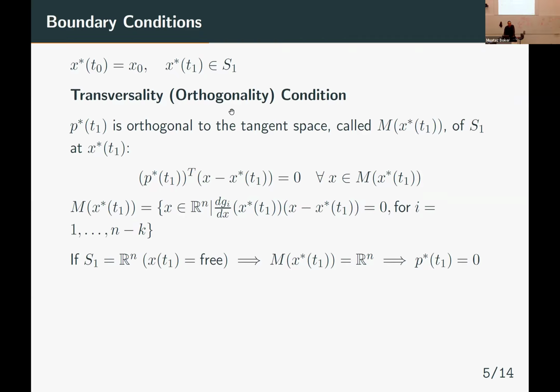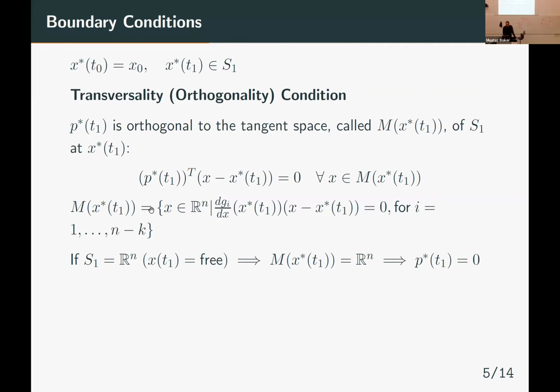So this condition says that p star of t1, the final boundary condition on the costate, is orthogonal to the tangent space of S1 at x star of t1. We call this tangent space M of x star of t1. So in mathematical terms, we require p star at t1 to be orthogonal to this plane.